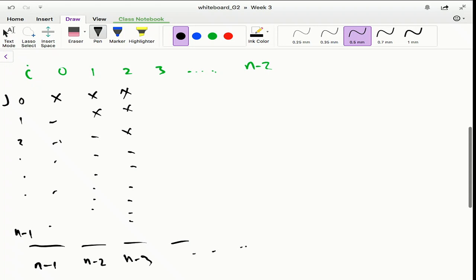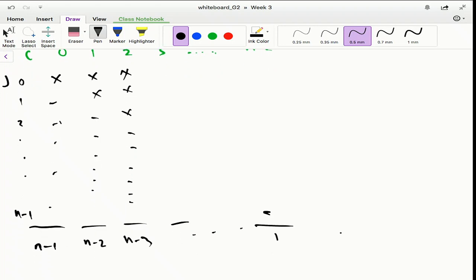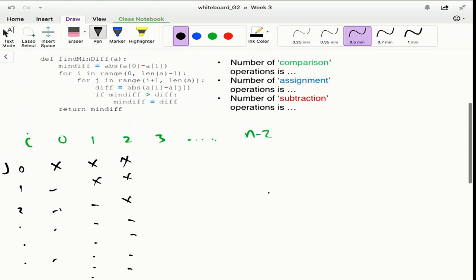Now when i equals to n minus 2, we're going to start from n minus 2 plus 1, which is n minus 1, right? So in the end we only have 1. So essentially the number of times we're going to go inside the loop is going to be n minus 1 plus n minus 2 plus n minus 3 all the way to 1. That is the number that we need to do to go inside this loop.